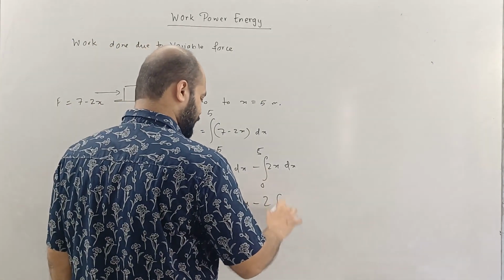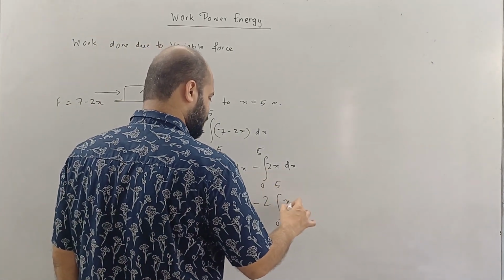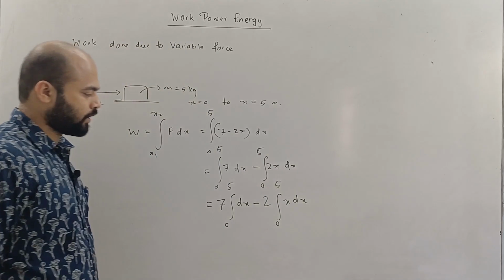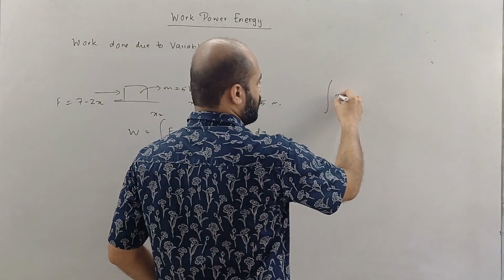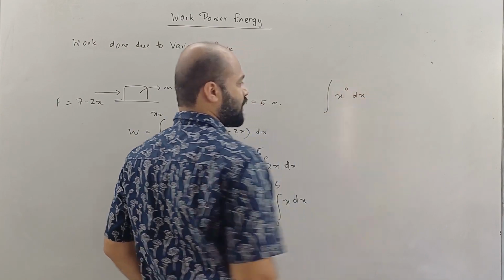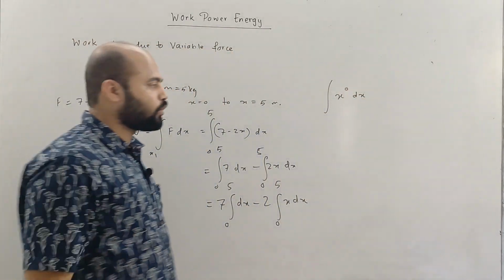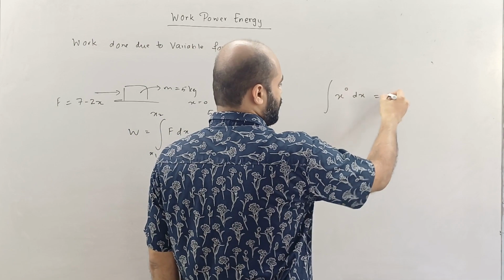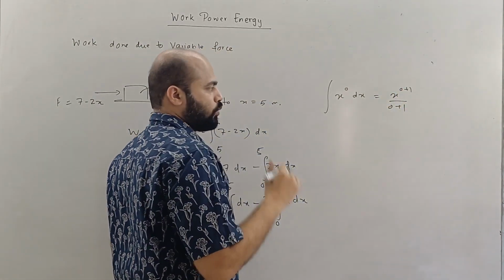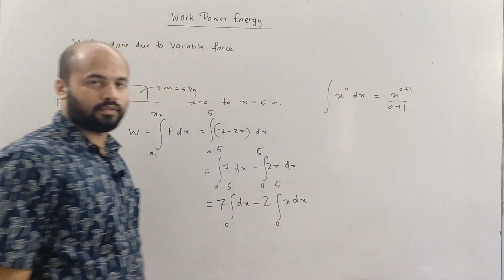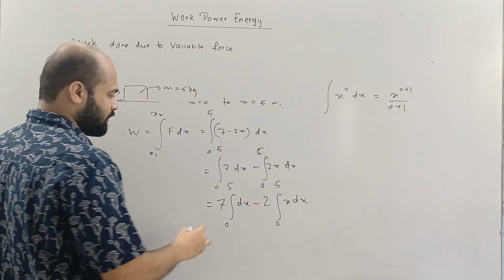Here also we can remove this 2 out and we'll get x dx. Now integral dx is equivalent to integral x raised to 0 dx. So x raised to 0 plus 1, divided by 0 plus 1, is what we get, which means that it is x. So integral dx I can always write as x.